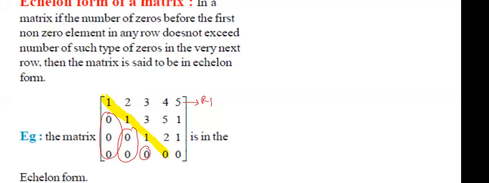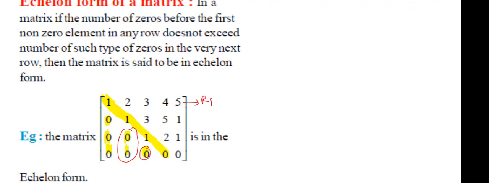You have to think like this: before the principal diagonal elements, make each and every element 0. If these elements are all 0, 0, 0, 0, 0, 0, that means this is echelon form. We have converted it into echelon form.